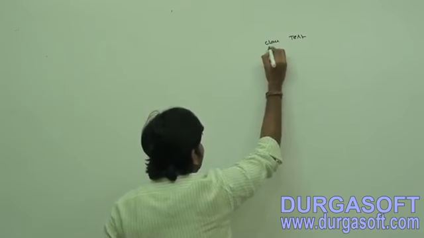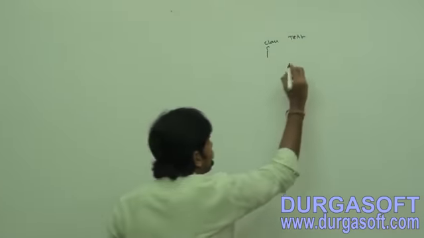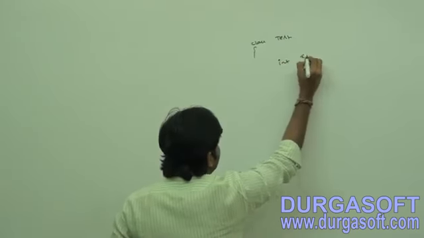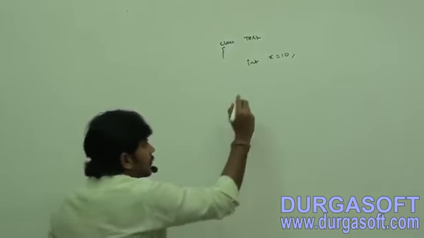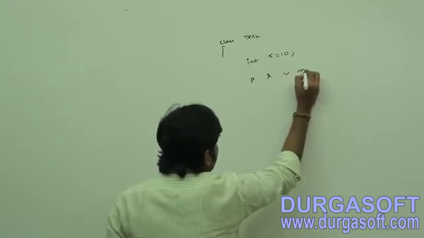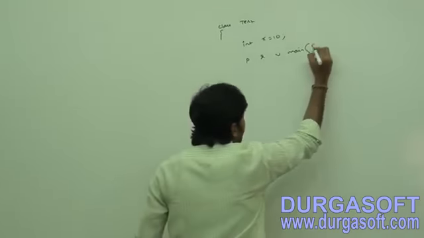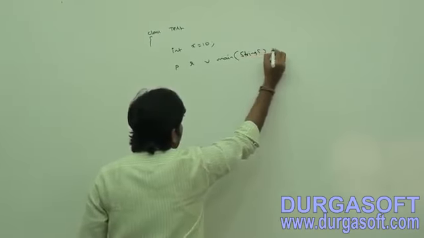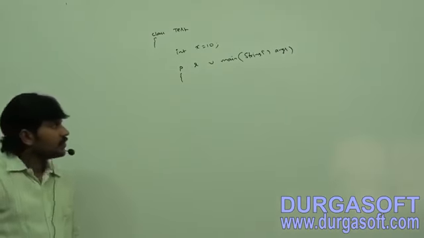Now listen to this example well. int x = 10. Public static void main method. Public static void main, String array args.